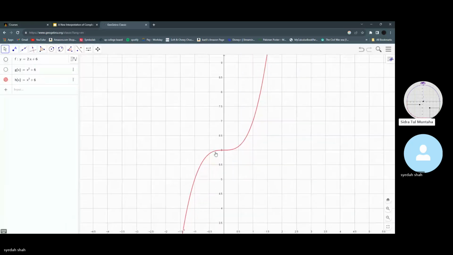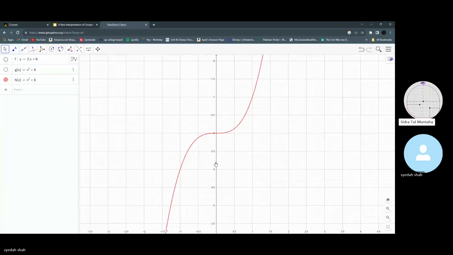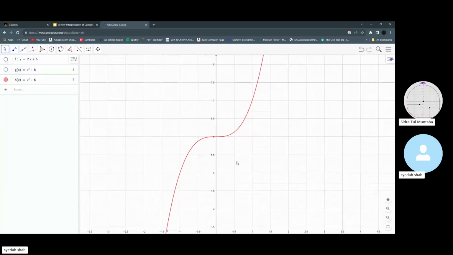So we're at the 6. Okay, so what is it? Are these curves perfect circles, like we are having two curves here? No, they're not.